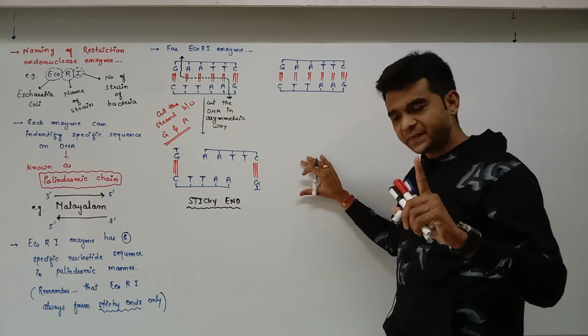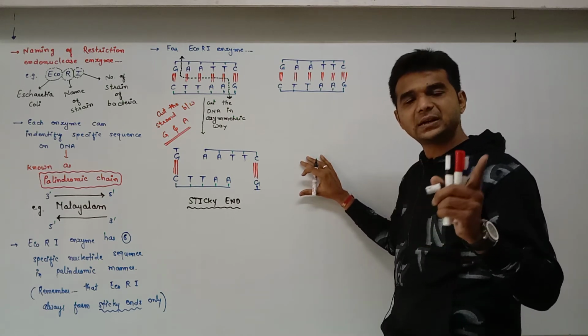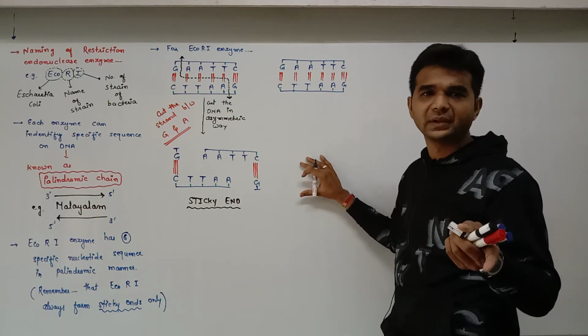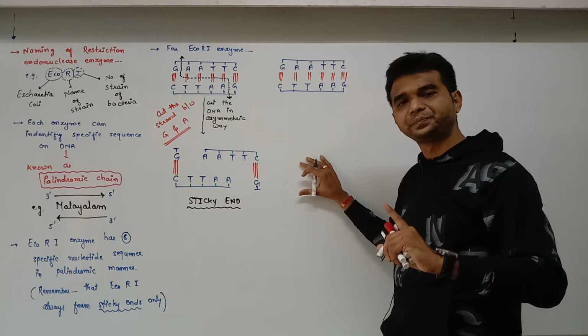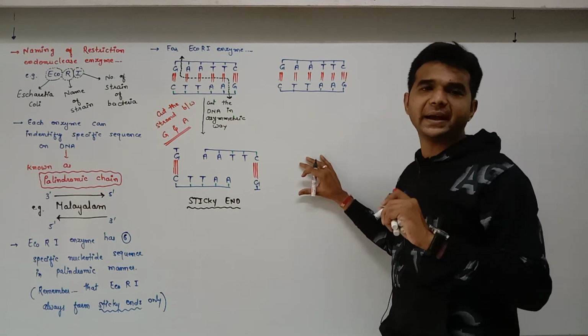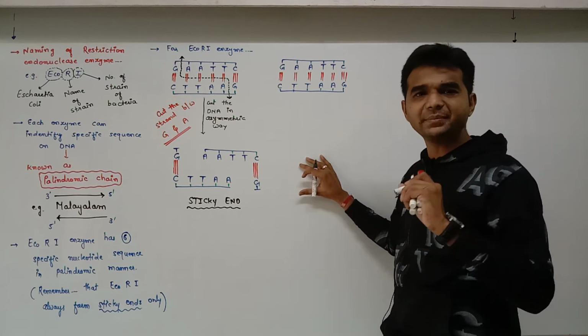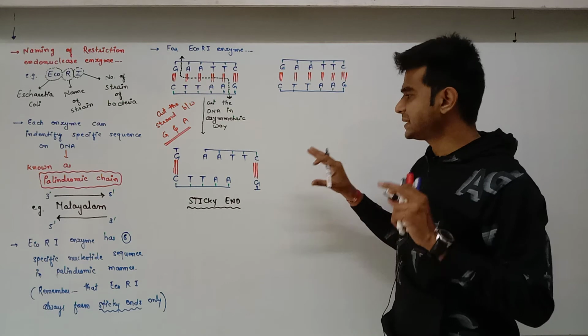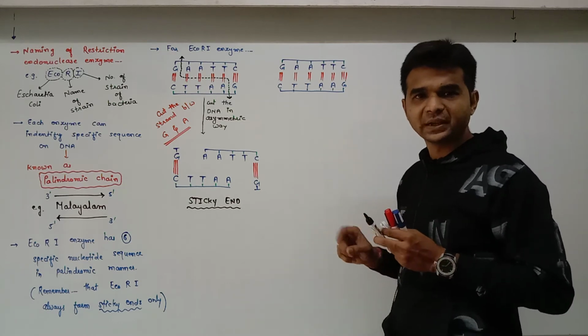See, if one enzyme cuts the DNA in a blunt end manner, and another enzyme cuts the DNA in a sticky manner, we are unable to join the DNA. Fine. So the same enzyme is used.